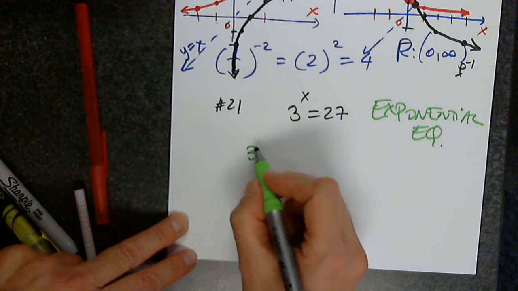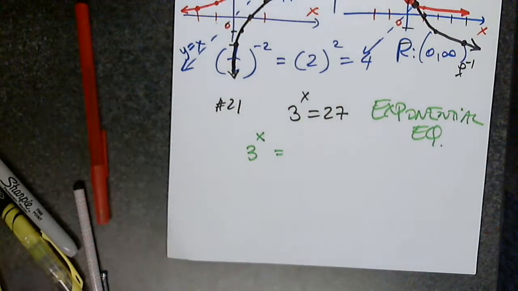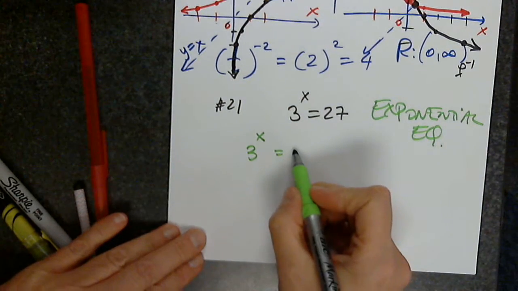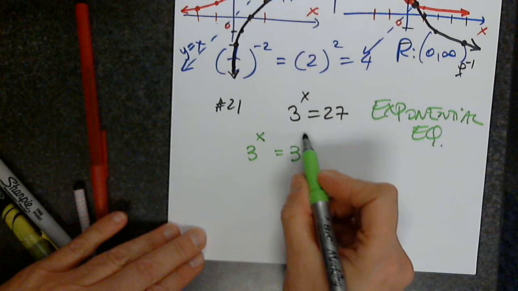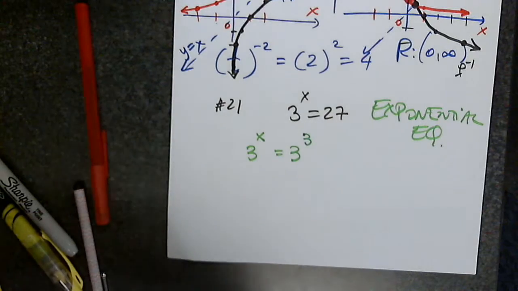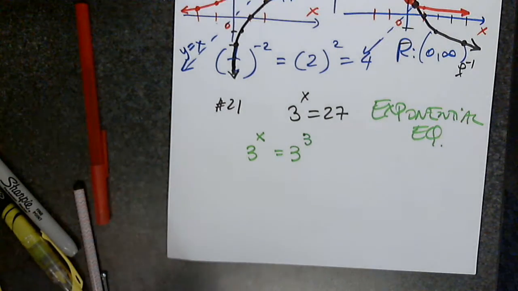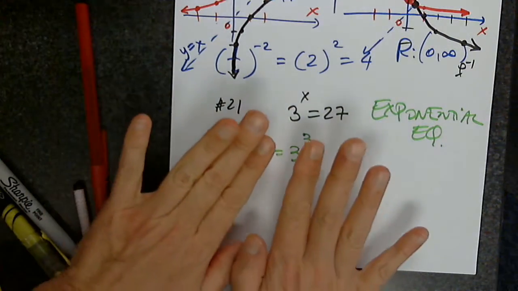The left-hand side has base 3. Can I, by any chance, present the right-hand side with the same base? Yes. How? You would have 3 to the 3. Very good. So now we are not simplifying or dividing by 3. Please pay attention for 1 second.